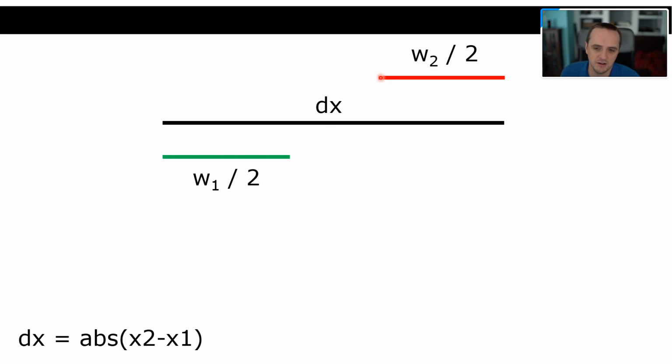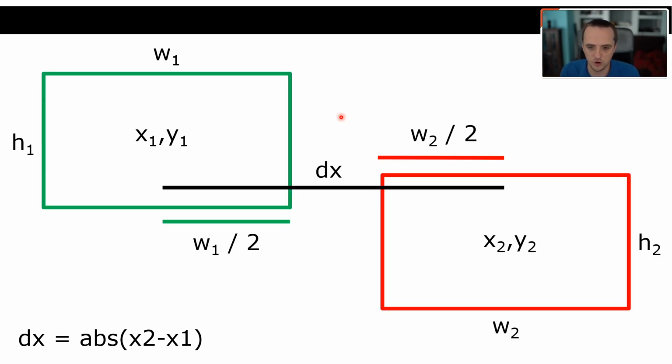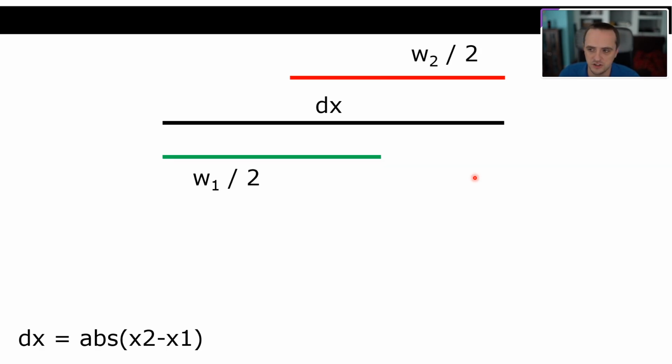You can see that we have two cases: one where the sum of these lengths is less than dx, and another where the sum of them is greater than dx. And if we go back to this slide, if the sum of these two was greater than dx, then the two rectangles would be overlapping, right? And so that's what we can use to do our calculation here.